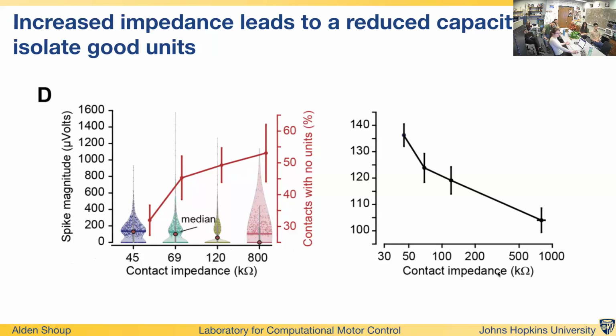And then in addition to this, this is the median contact impedance for each of these groups, and this is also significant. So we found a pretty convincing argument for the fact that there is a direct relationship between impedance and your capacity to isolate good units, which is nice because it was exactly what we were seeing in our recordings. You'd record for a few days, you get less and less and less and less.